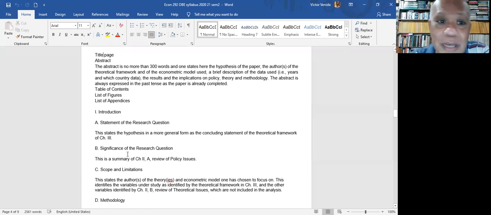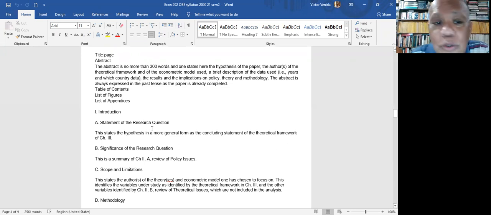After the abstract, you now have the table of contents. And then you have your list of figures and list of appendices. Now here's how paging works. Page 1, Arabic numeral. Arabic numeral is the regular numerals that we have.